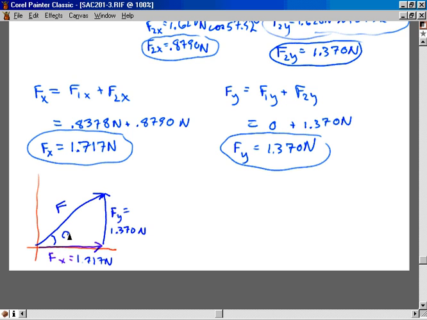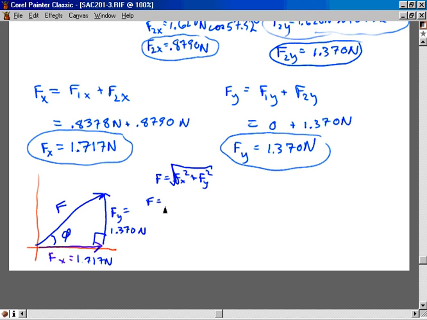I'll call it phi since I used up the symbol theta before. So F itself by Pythagorean theorem is going to be this side squared plus that side squared all raised to the 1/2, or F equals the square root of Fx squared plus Fy squared. That'll give me the magnitude of it.